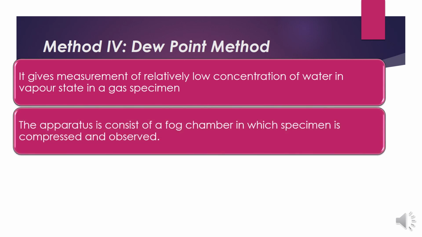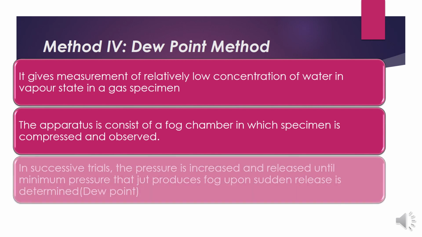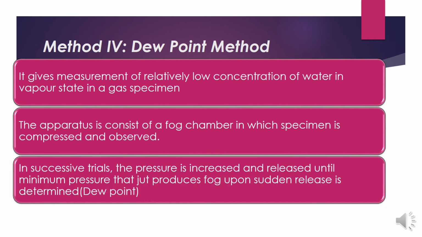The apparatus used for this method consists of a fog chamber in which the specimen is compressed and observed. In that fog chamber, you observe your sample until the fog is produced. In successive trials, the pressure is increased and released until the minimum pressure that produces fog upon sudden release is determined.